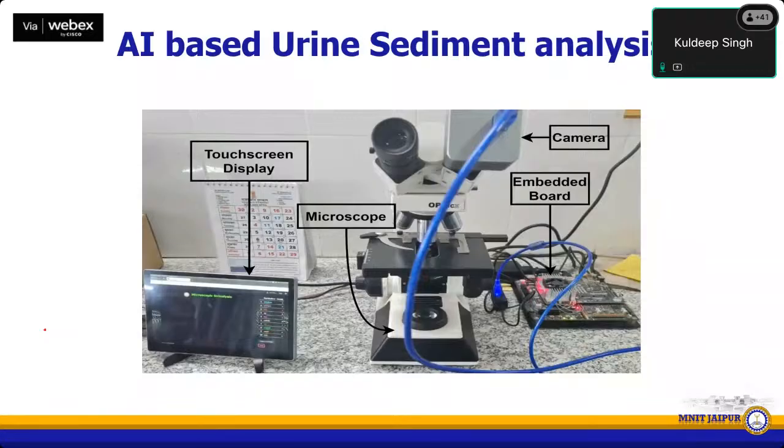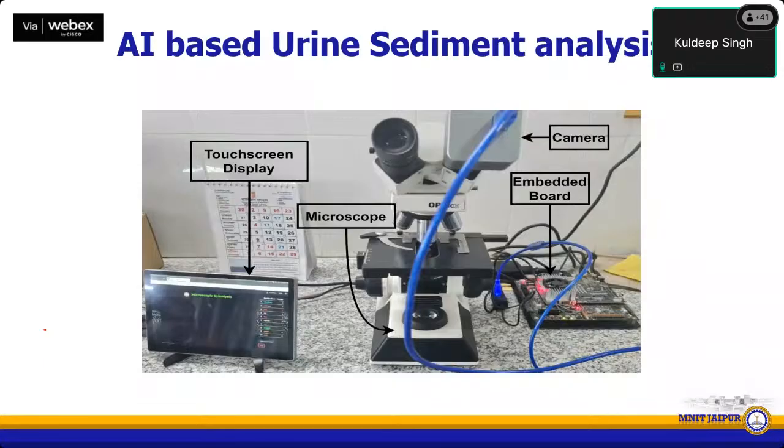One of the tests in the normal urine test is microscopy based, in which the pathologist sees the urine slides on the microscope and counts the number of sediments like WBC, RBC, and other sediments and does the reporting.